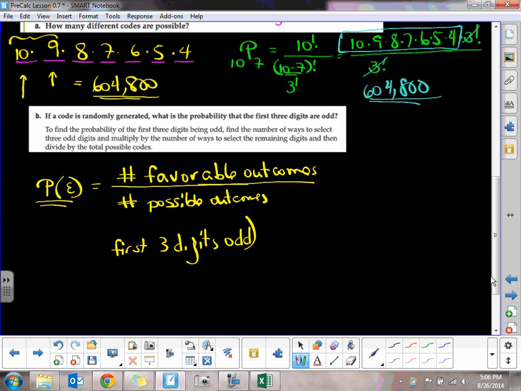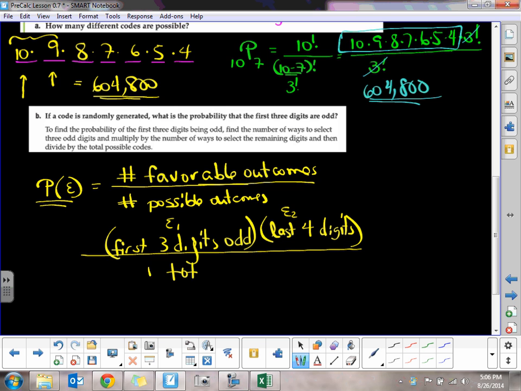That's our first event. Our second event then, our last 4 digits, can be chosen however we want. Probability says we'll then figure out the number of possible outcomes. How many different ways are there to take 10 objects and choose 7? So this is our total possible.